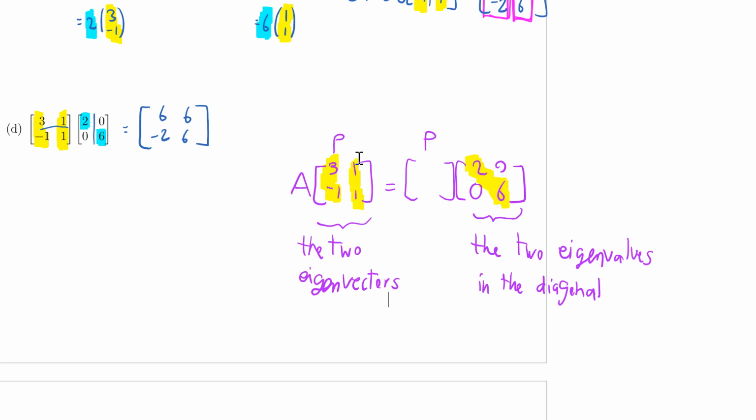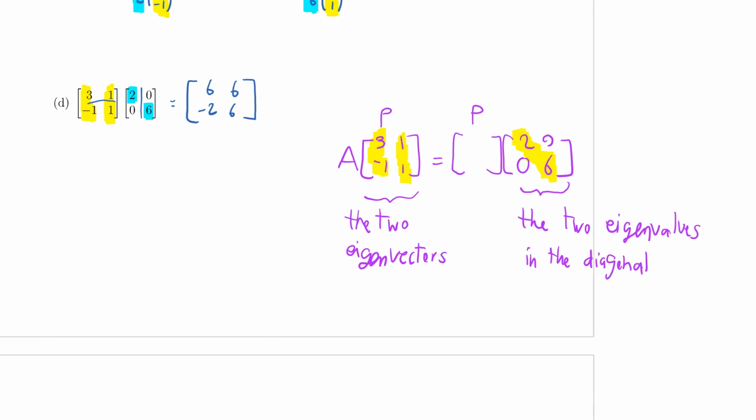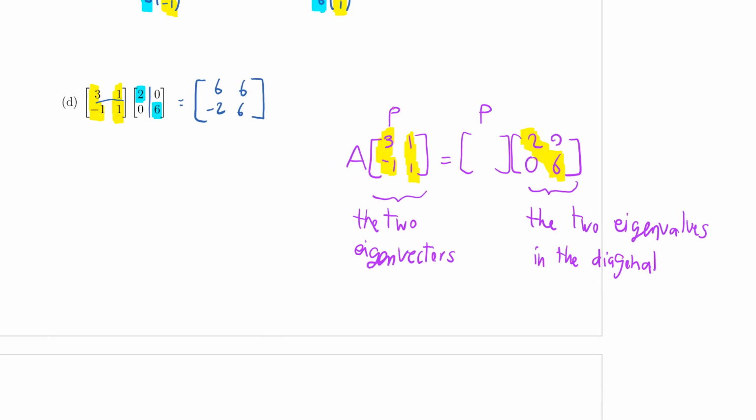Suppose now that I can find the inverse of P. Let me call the diagonal matrix D. So I have A P equal to P D. Let's say that the inverse of P exists.